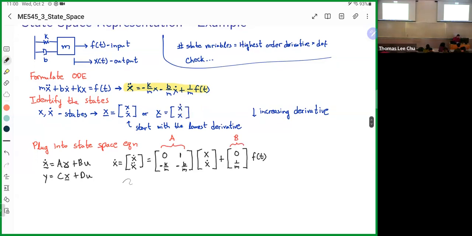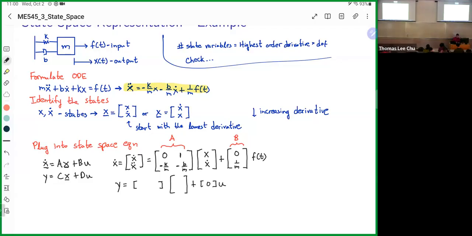Okay, so then y is going to be equal to, and because I only specified one state, I want the position to be the output. It's going to be a single output, so it's a 1-by-1 system. This is Cx plus Du.